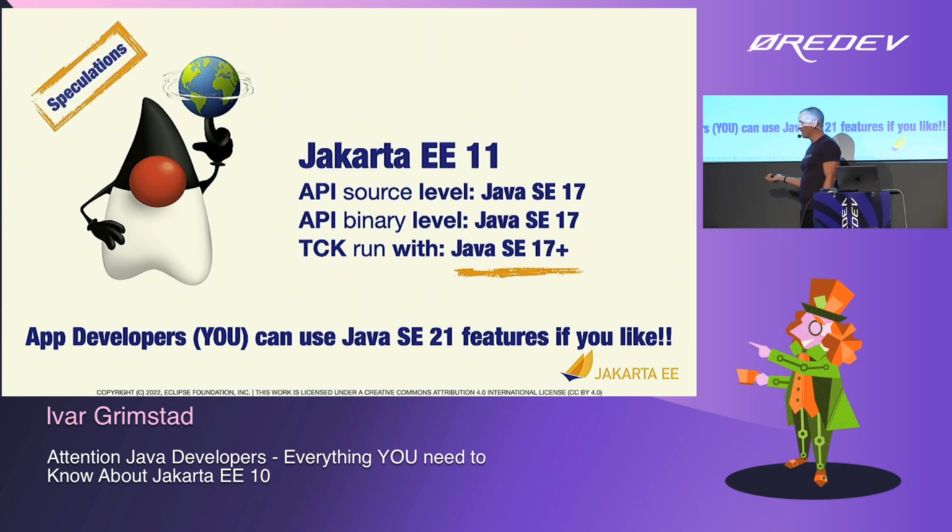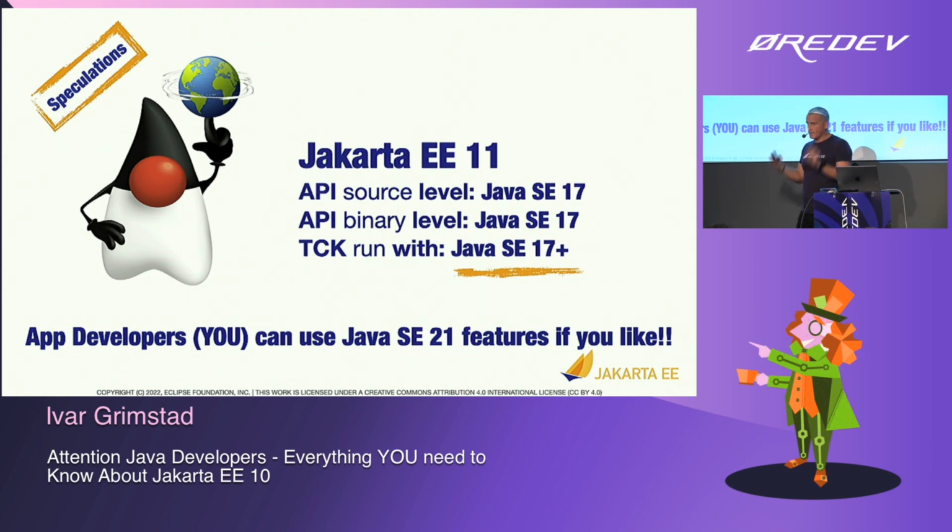What we're also talking about, related to the cadence, is should we do something on maybe 21 this time? Should we wait until Java SE 21 is out and then 6 months after that release a Jakarta 11? Should we do a 10 or 11 on 17 and then a 12 or 11 on 21? This is what we're discussing.